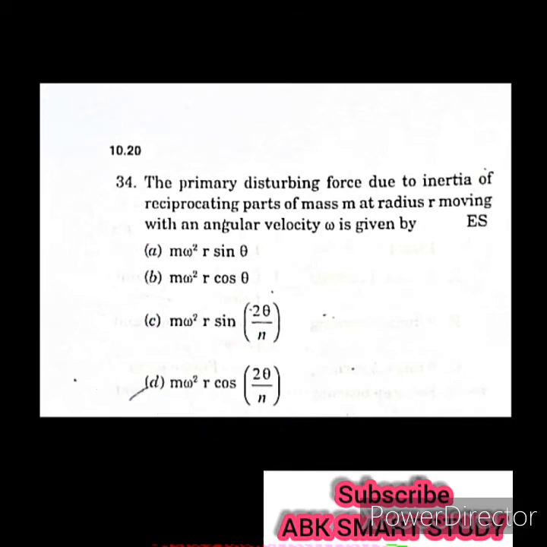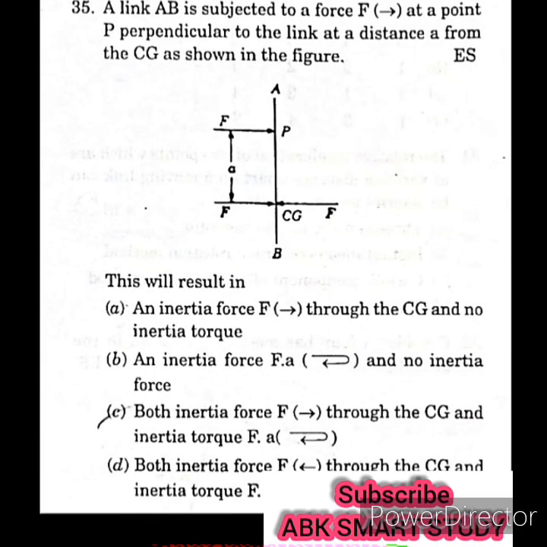Next question. A link AB is subjected to a force F at a point P perpendicular to the link at a distance a from the CG, center of gravity, as shown in the figure.